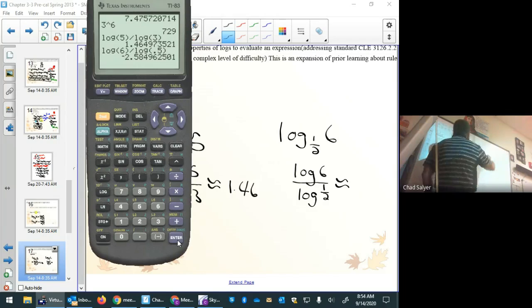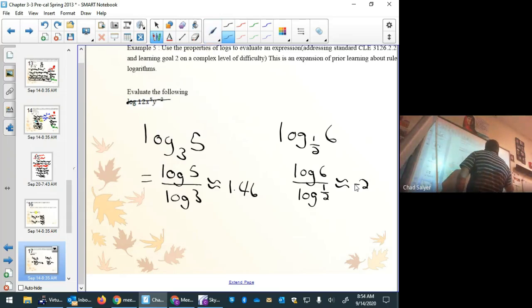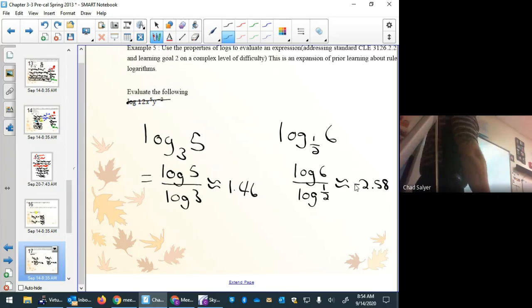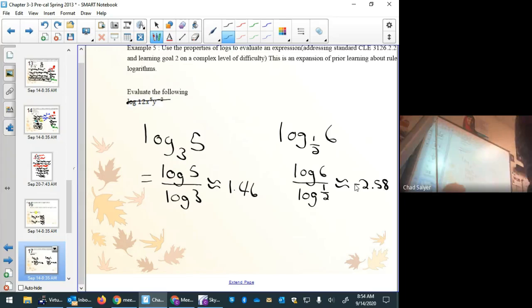Negative 2.58. Approximately. And that's using the change of base rule.